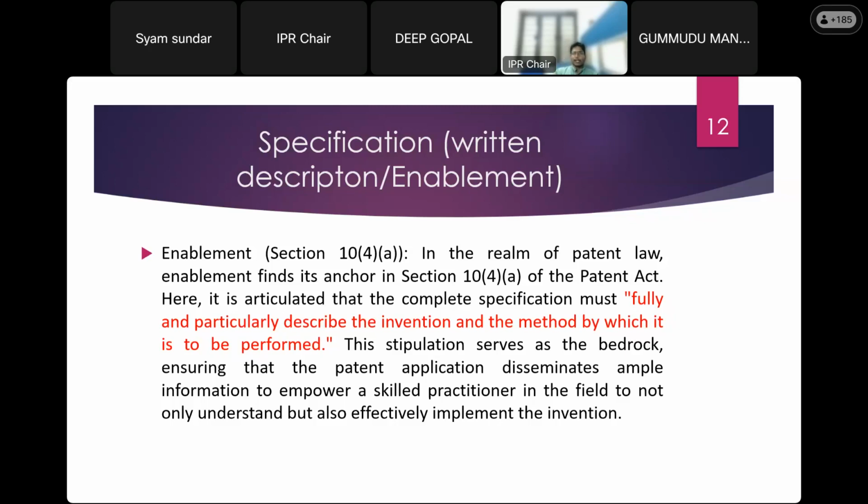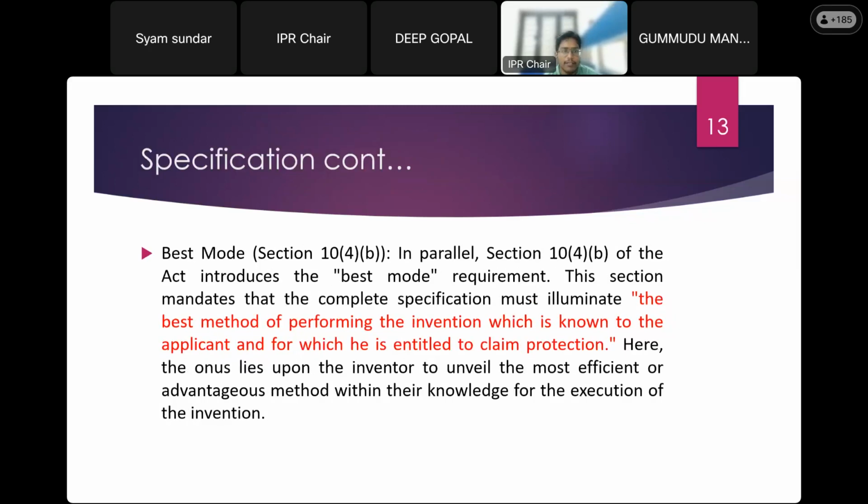If not satisfied, the examiner will give an objection and issue an office action. That means the first examination report, that is what it is called. He will issue a first office action to you saying that these requirements are not satisfied, please comply with this. Okay, those things I will be discussing further.